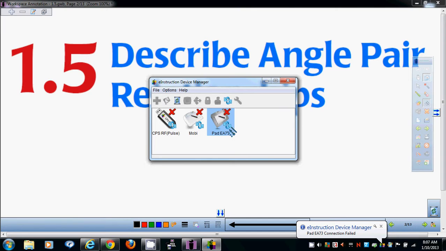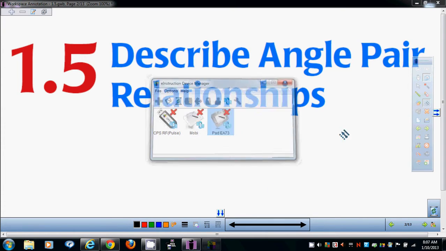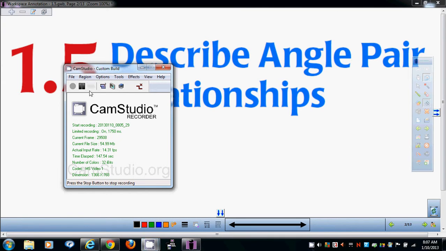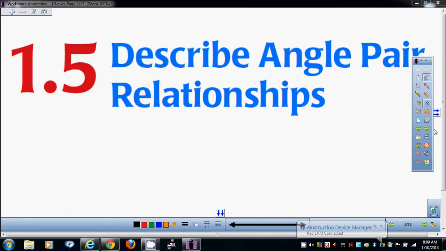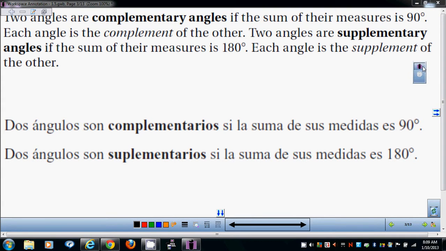First thing, piece of notes, complementary and supplementary angles. Again, you're not required to write this stuff down, but it may prove useful.